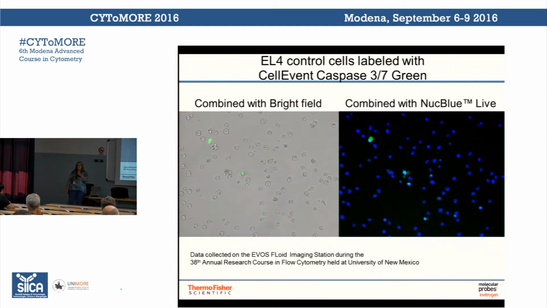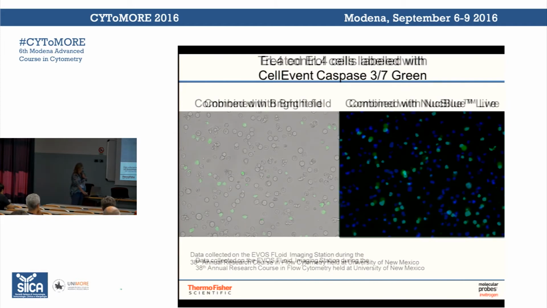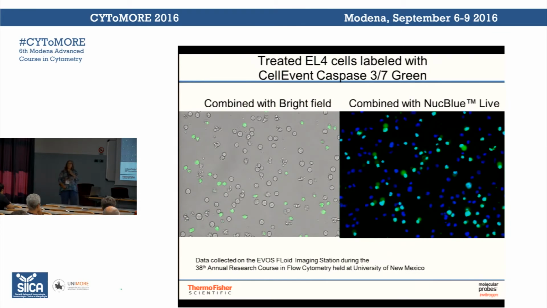You can also do this very easily with some of the very basic flow imaging systems. Here you have a bright field with our control cells, and you can see some background apoptosis, combined with a live nuclear dye. You can look at all of the cells that way, and then with induction of apoptosis, you can of course see all of the additional green there.